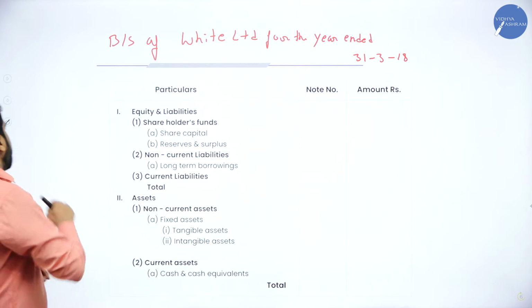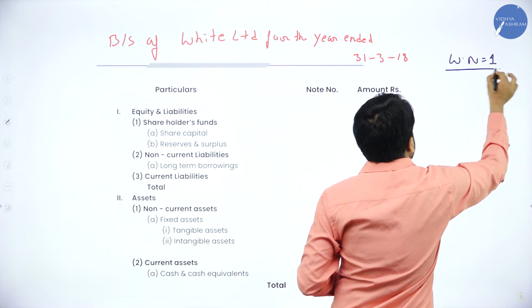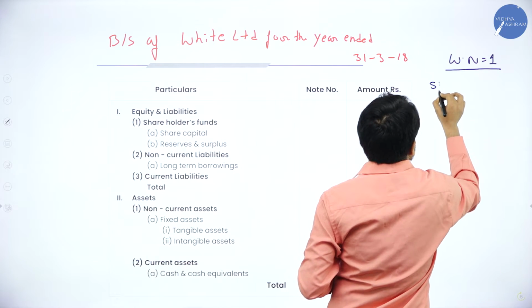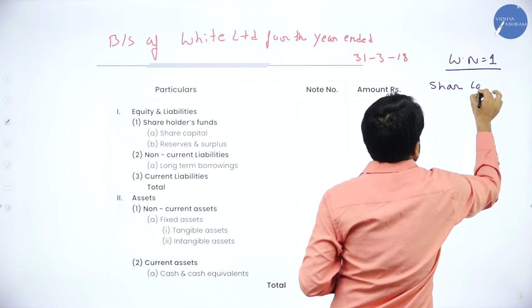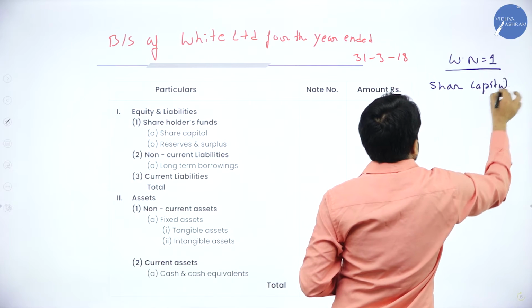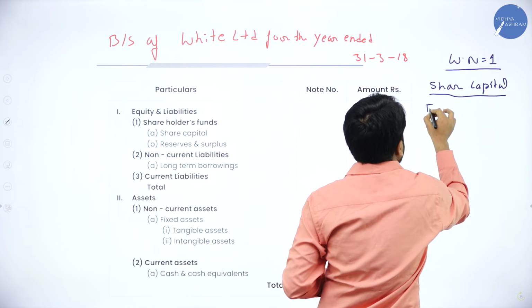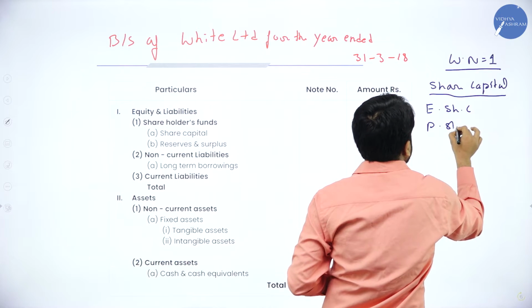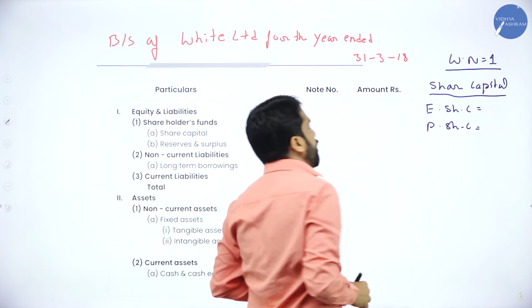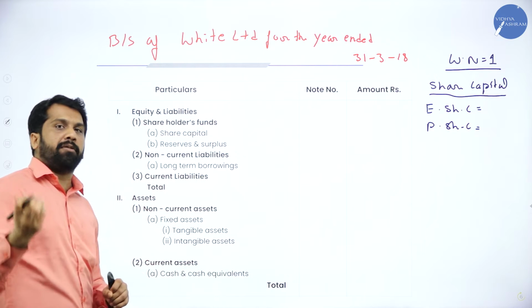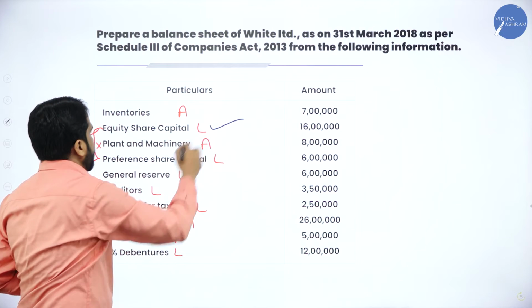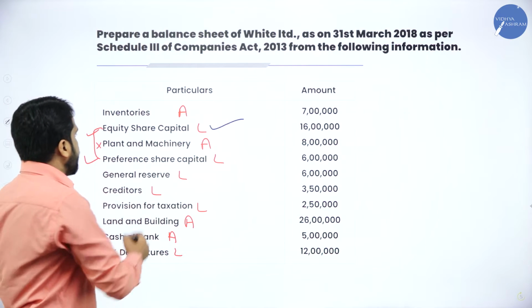We'll do the working note. Working note 1. Share capital. Under share capital, we have equity share capital and preference share capital. So how much we have in equity and how much in preference? We'll check. Equity share capital you have around 16 lakh.